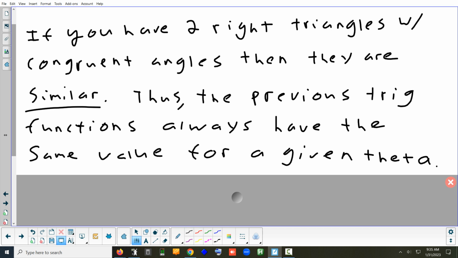So what that means is that if you pick an angle and you pick a trig function, the trig function of an angle always has the same value for every angle that you pick. So like the sine of 30 degrees is always the sine of 30 degrees. It doesn't matter if it's in a small triangle or a big triangle. It's always the same.